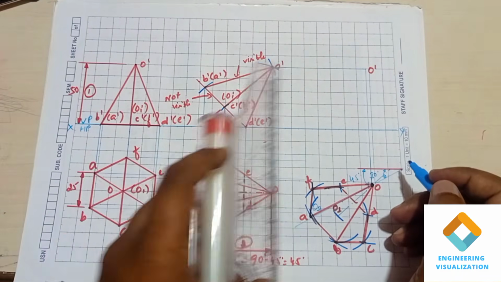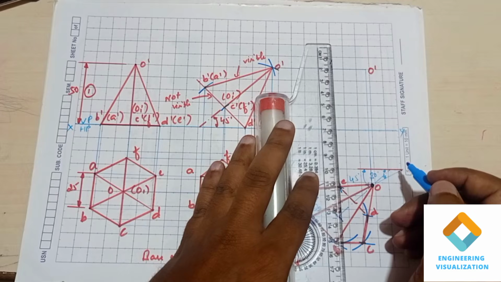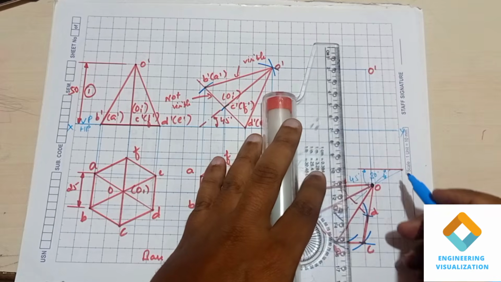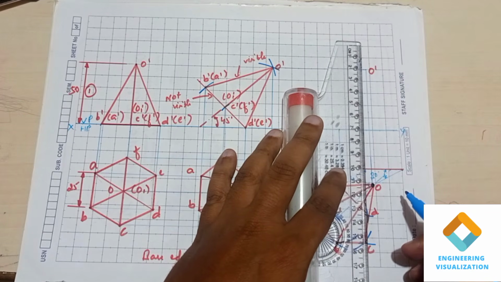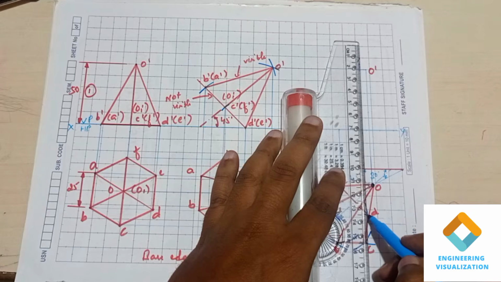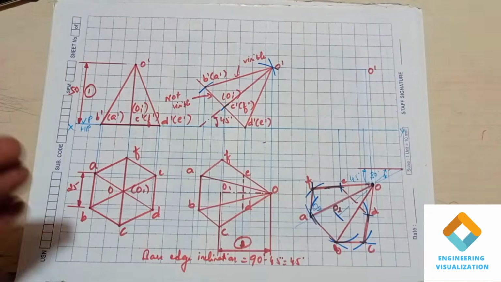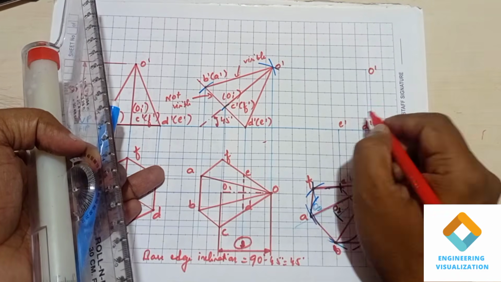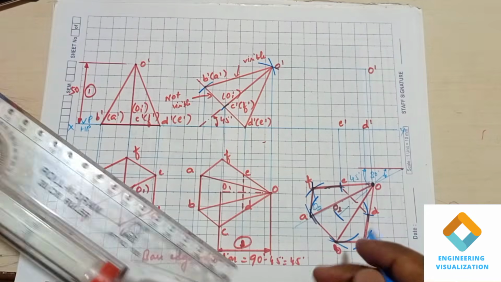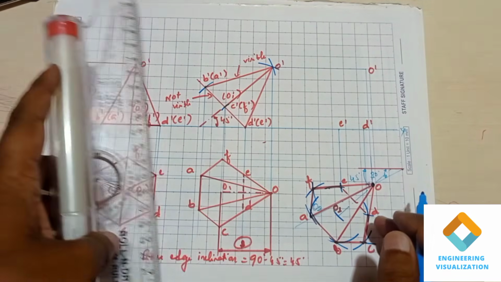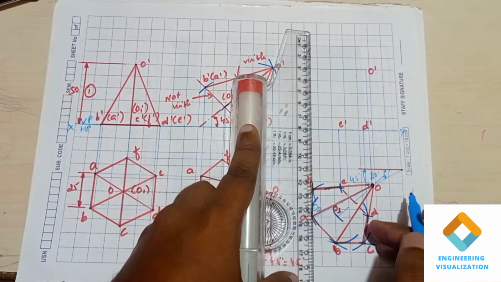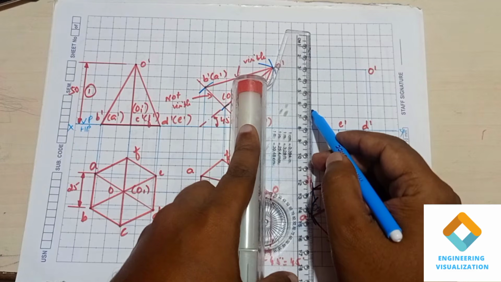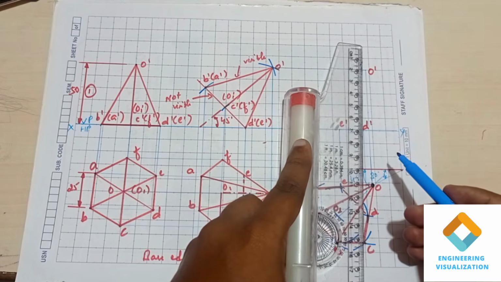Same way we will be projecting the lines from all the ends. E and D, it is projected till XY. That is your D dash and E dash. Now we are projecting from F and C. You just have to draw the vertical lines, and no need to see whether the lines were merging within the lines or not.